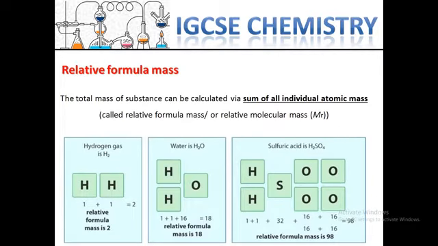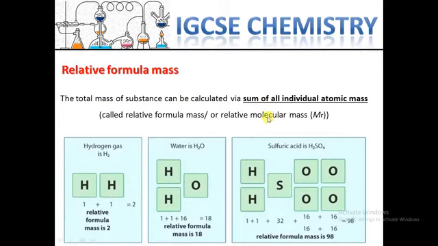What is relative formula mass? The total mass of a substance can be calculated by the sum of all individual atomic masses. We can say relative formula mass, and also we can say relative molecular mass. These two terms are the same. Both are obtained from the formula.